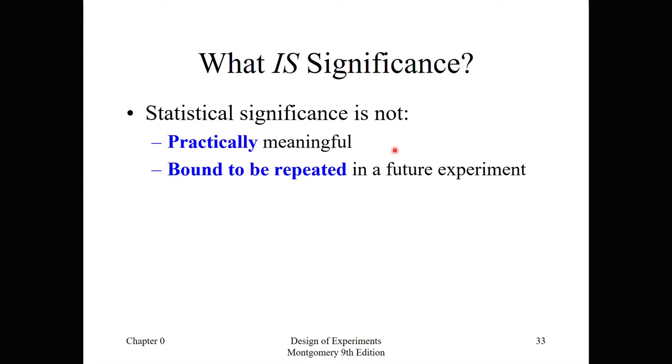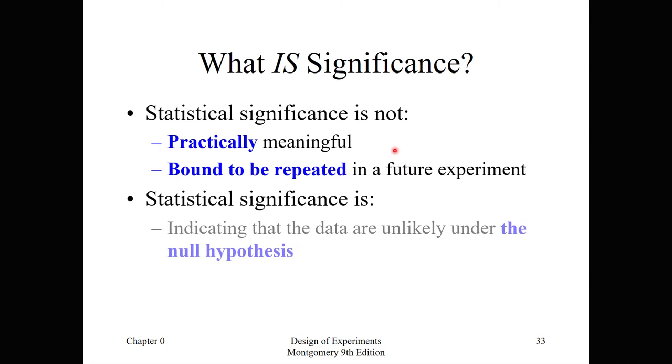Your p-value has to be like 0.001 to have a 95% chance of repeating the effect under some hypotheses, or even smaller. So statistical significance does not mean that a future experiment will repeat the results that you've found. That's not what it's saying. It's not even saying that a future experiment will also be statistically significant.